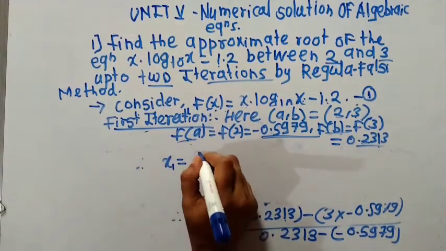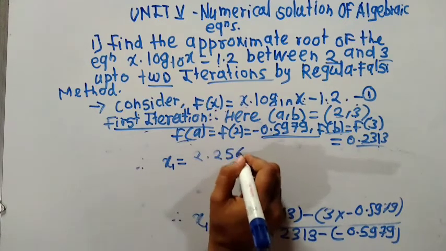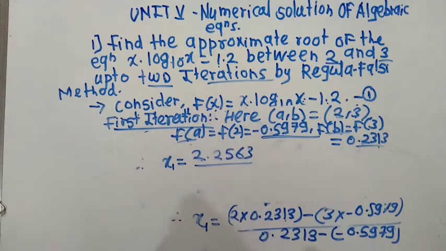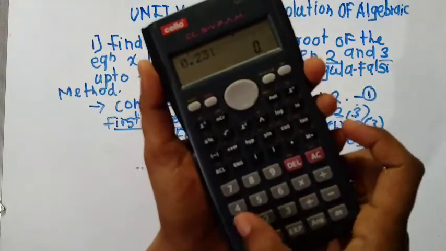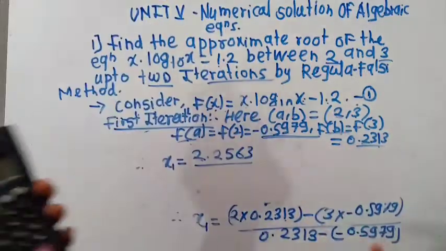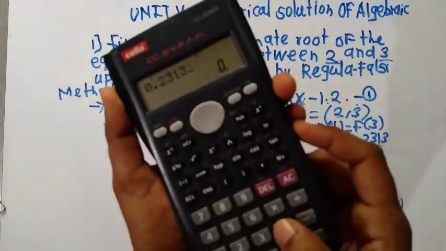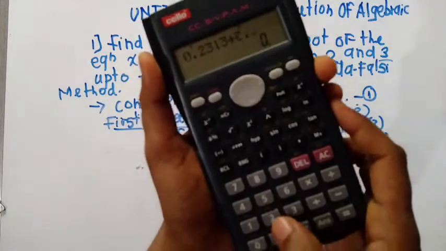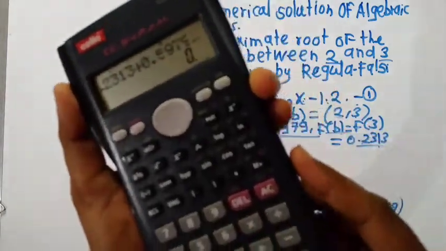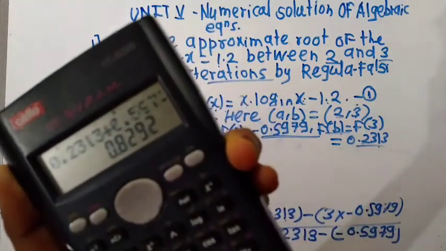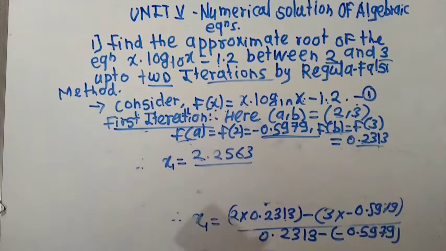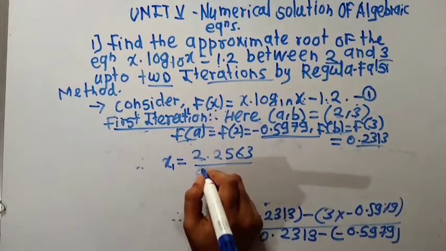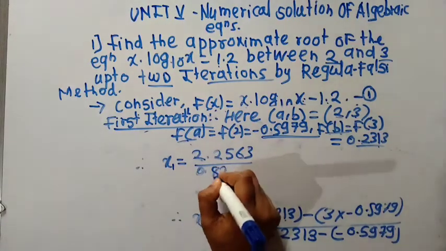And the denominator is 0.2313, and here minus minus is plus, so plus 0.5979, which is equal to 0.8292.